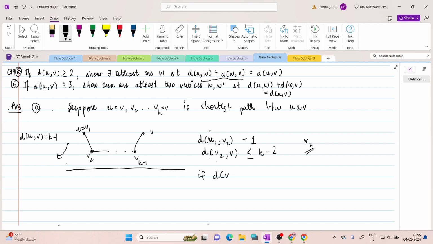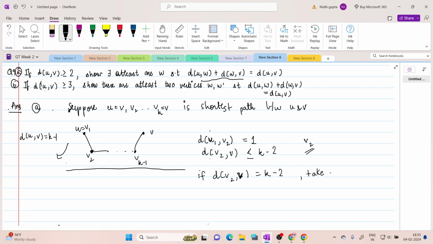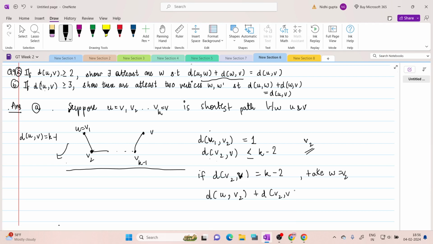If d(v2, v) is equal to k minus 2, take w to be v2, then we are done, because then we get d(u, v2) plus d(v2, v) is equal to 1 plus k minus 2, which is k minus 1.